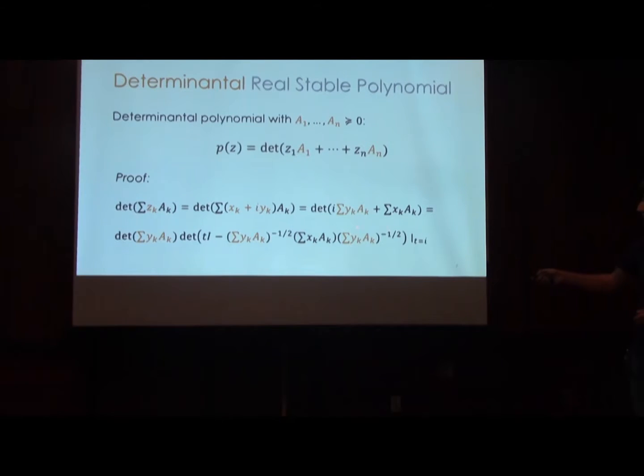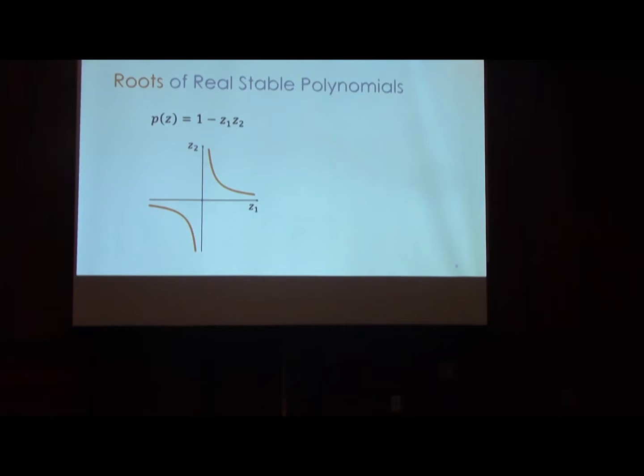Now I'm going to take it out of the determinant by multiplying its inverse square root from both sides. Then what remains is the characteristic polynomial of a symmetric matrix evaluated at i, which is the square root of negative 1. But I know that the characteristic polynomial has real roots, so it cannot be 0 at i.